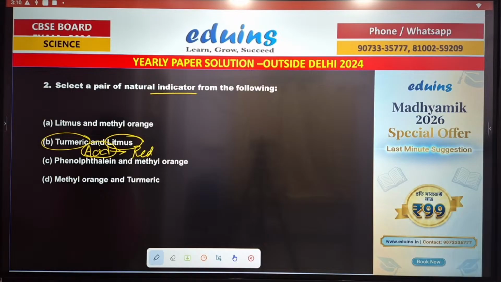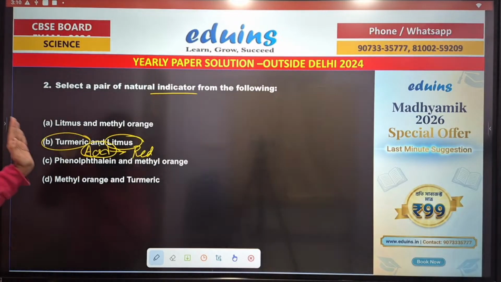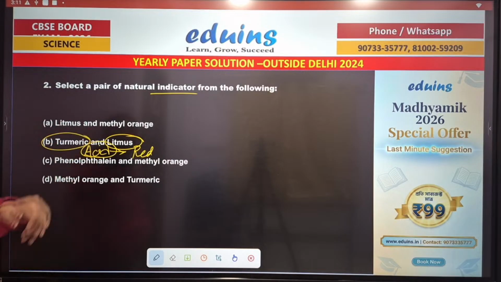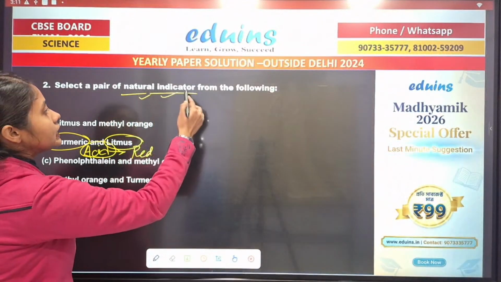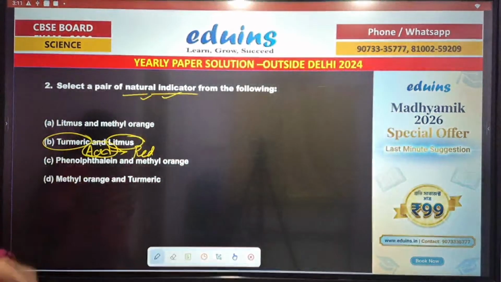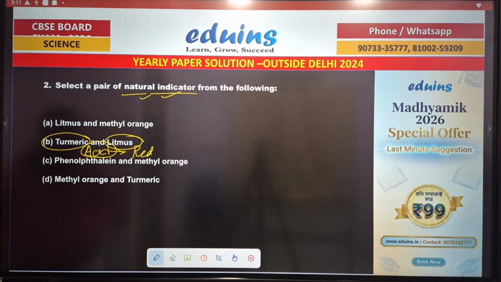So the correct answer is turmeric and litmus. All those options are indicators, but not all are natural, so option B is the correct answer because we need natural indicators.